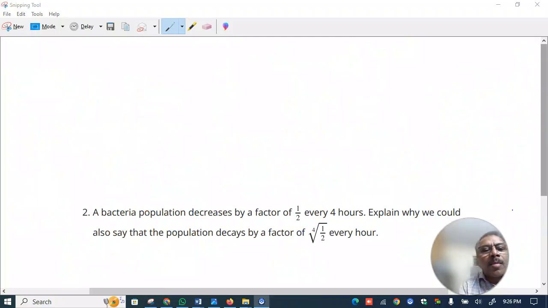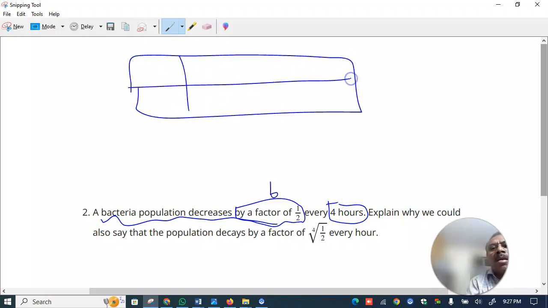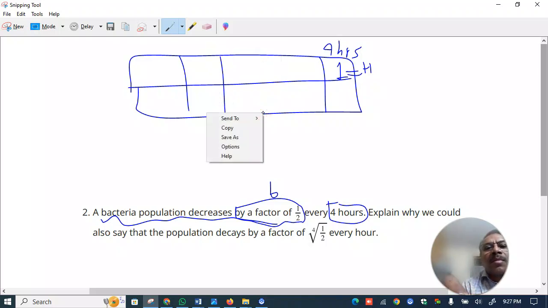The second question is asking: a bacteria population decreases by a factor of half. So they already gave us for every 4 hours. I use uppercase H for this, and this is for every 4 hours. That means I can make a table this way and say, okay, this is every 4 hours, and this is the uppercase H. In between, I'll put three of these.